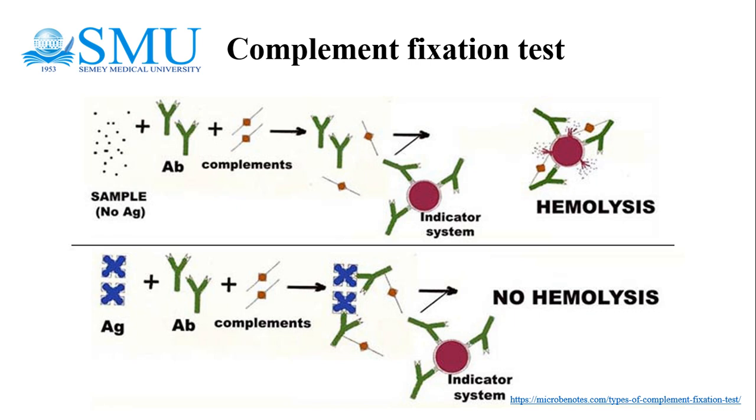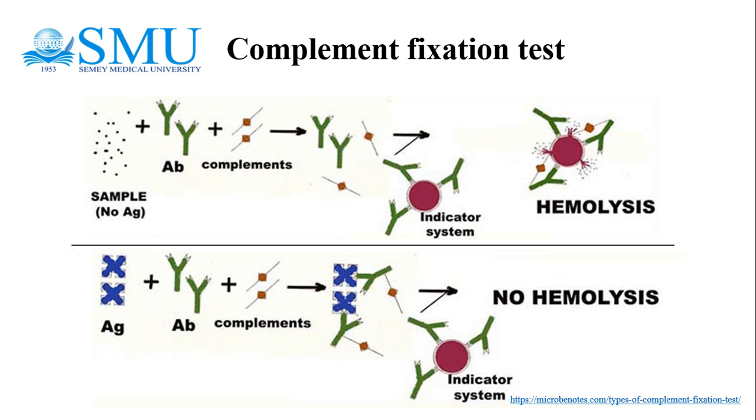Applications of this complement fixation test: the Wassermann test was the most popular complement fixation test used for the diagnosis of syphilis. In addition, the complement fixation test was also widely used for detection of complement fixing antibodies in rickettsia, chlamydia, brucella, mycoplasma infections, and some viral infections such as arboviruses and rabies.